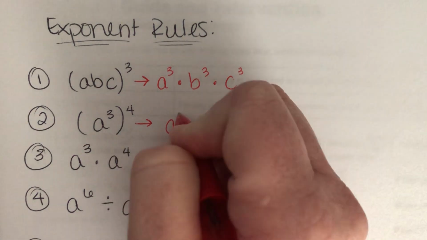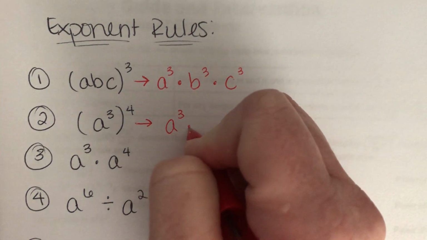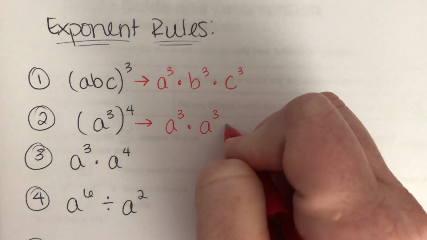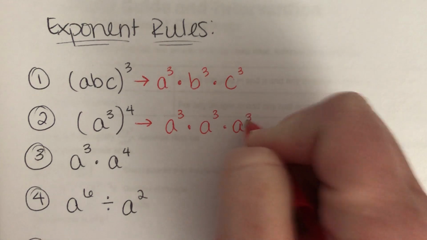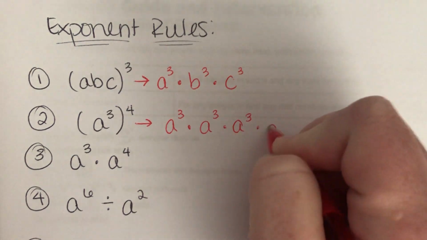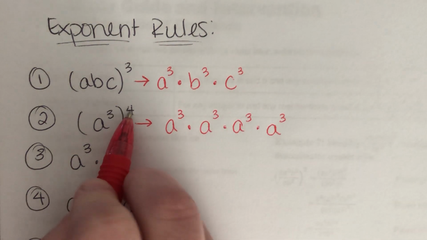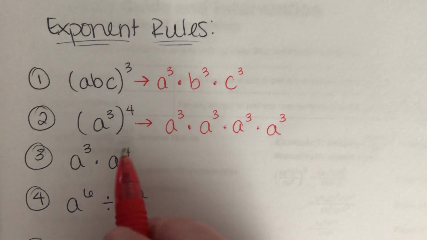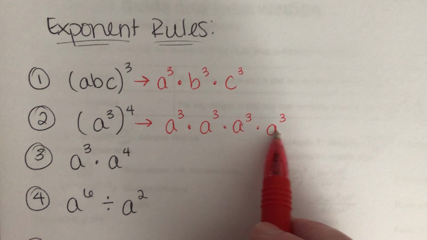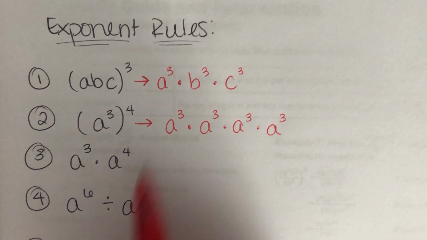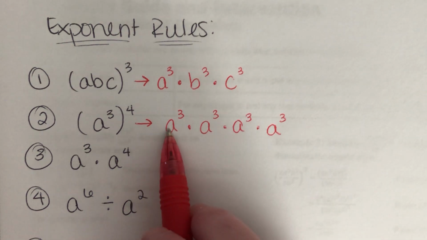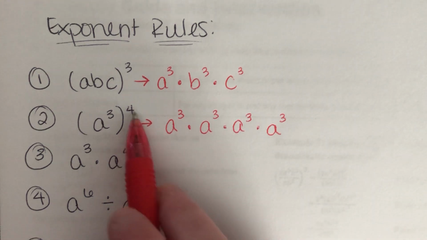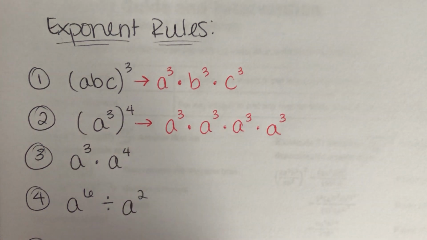So I'm going to have a to the third times a to the third, that's twice, times a to the third times a to the third. Whatever this number is, that's how many times you're going to write out the base. We're only multiplying it 3 times, but we have 1, 2, 3, 4 bases. So you should write it out, this number.